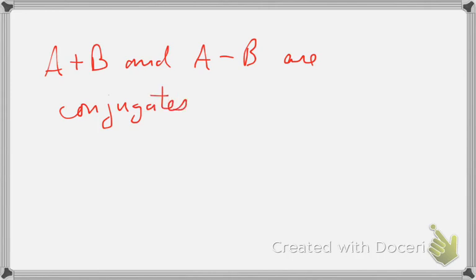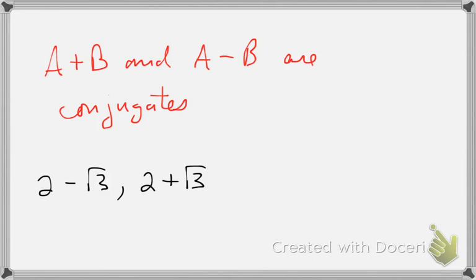A plus B and A minus B are conjugates. Remember this word from somewhere. Chemistry, maybe. So, if I gave you 2 minus square root of 3, its conjugate would be 2 plus square root of 3, right?